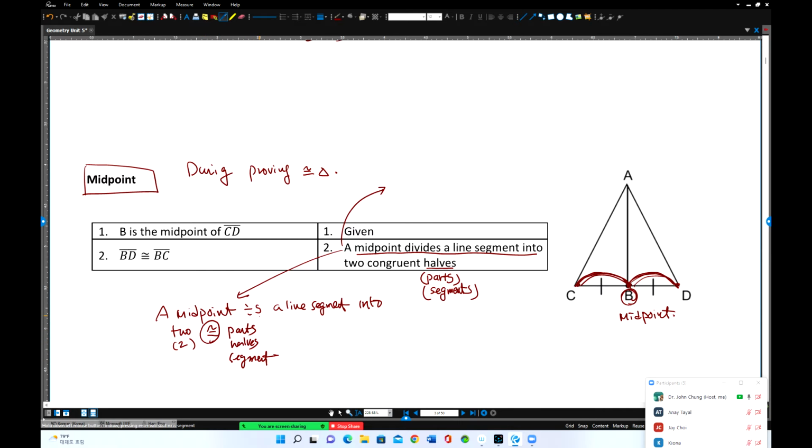Use these symbols. Okay, you can use these symbols. It depends on your teachers. But many teachers like to use this one.